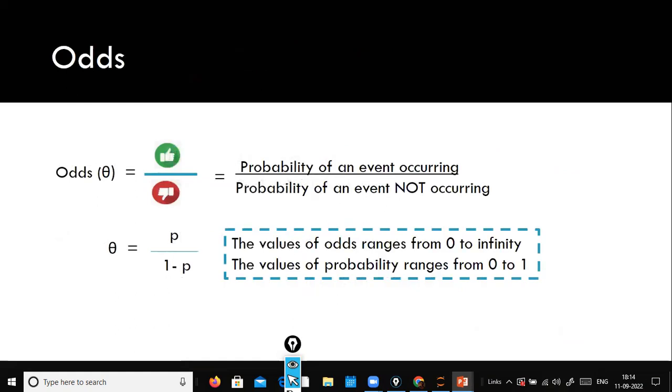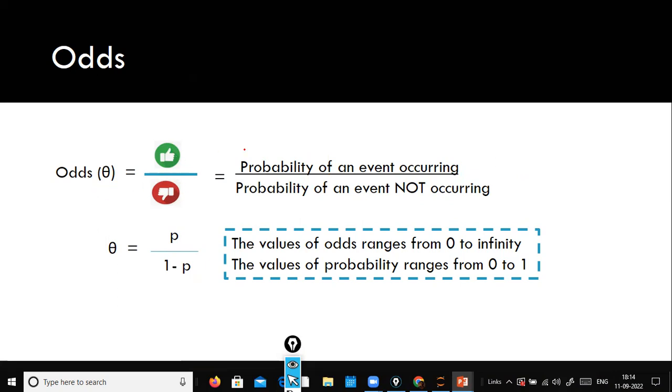Next is odds. Odds is a little bit different. The odds of an event represent the ratio of the probability of the event occurring over the probability that the event will not occur. That is success divided by failure.